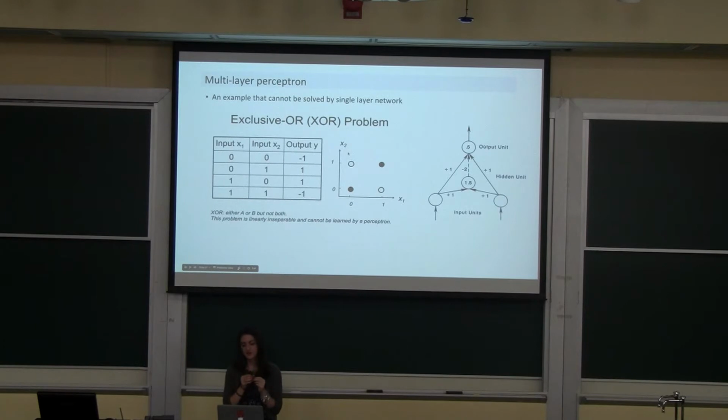So the way to actually execute this is to incorporate a multi-layer perceptron, a hidden layer, to add a unit in order to compensate for the fact that there's not a line that can be drawn here. This is just one example of a multi-layer perceptron that solves the XOR problem.